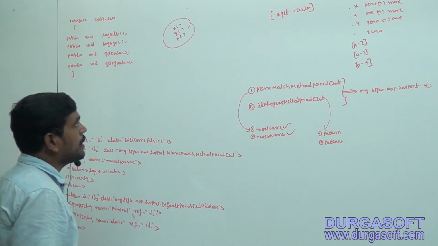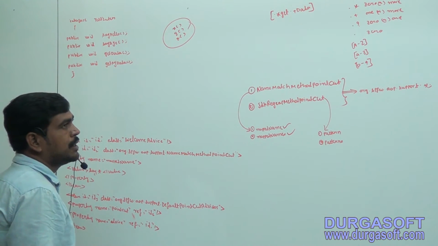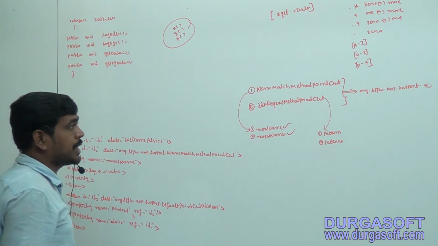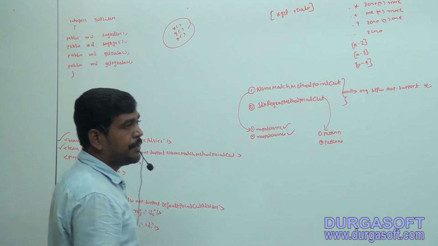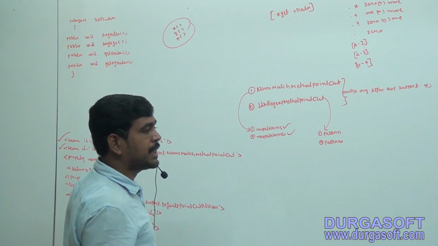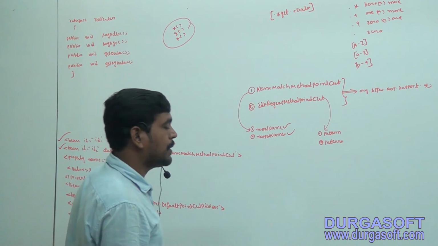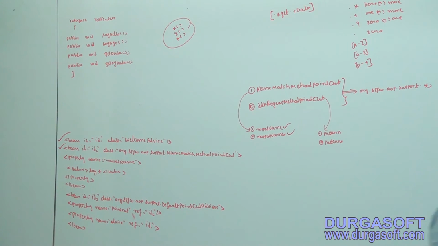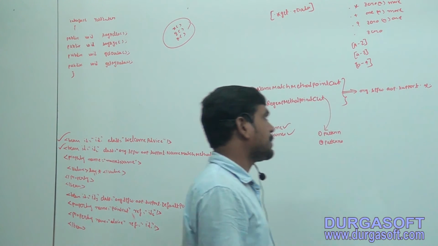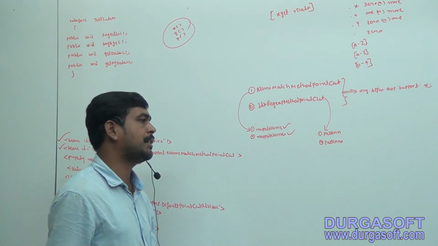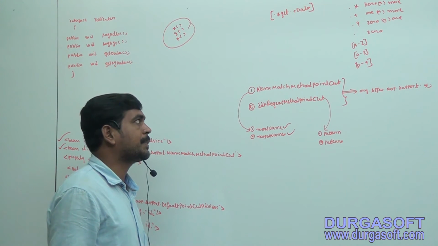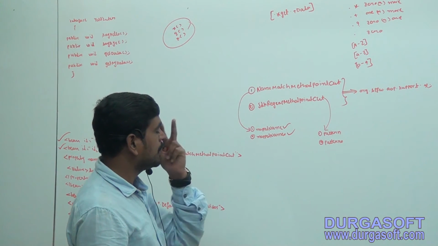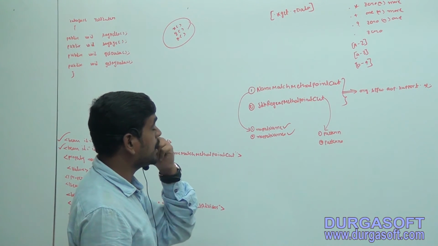Now we can configure that regular expression by using pattern. If our business methods have only a single regular expression, then we can take what? Pattern. If multiple regular expressions are there, then what we have to do? We need to take what? Patterns.